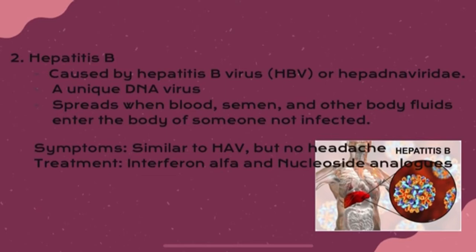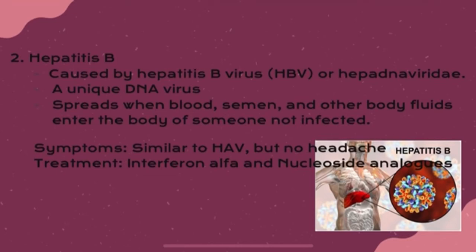HBV is a unique DNA virus because instead of replicating its DNA directly, it passes through an intermediate RNA stage resembling a retrovirus. Compared to HAV, HBV is larger. Its genome is double-stranded DNA and it is enveloped.